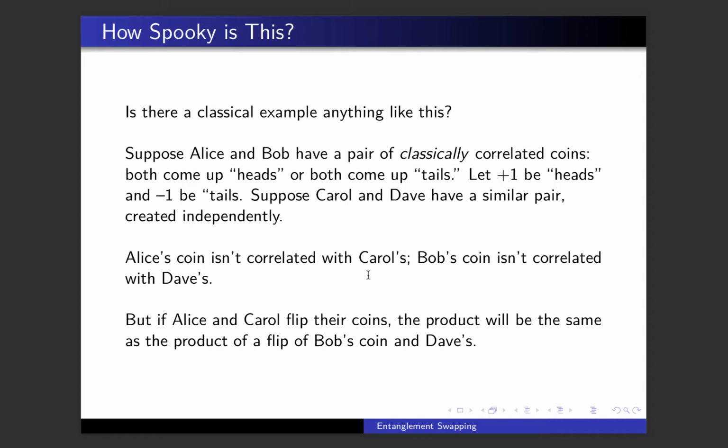Bob and Dave aren't correlated. Rather, Carol and Dave are. But because of the correlations that we do have here, if Alice and Carol each flip their coins, the product of the results, +1 times -1, whatever it may be, will be the same as the product that Bob and Dave get when they flip their coins.